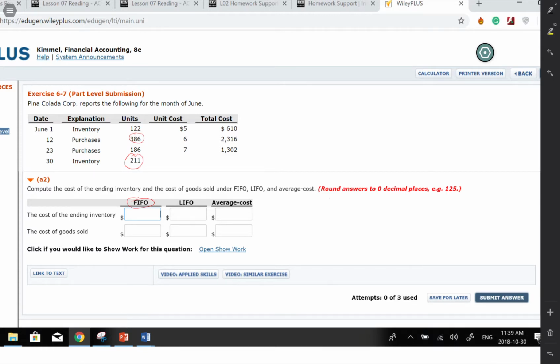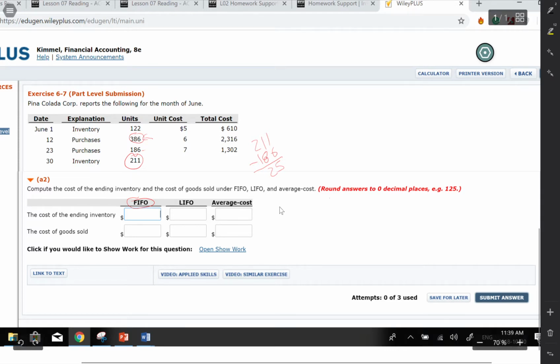Why only 25 units? Because we already have 186, and 211 minus 186 equals 25, which will come from this date over here. And those units were bought at $6 a unit.